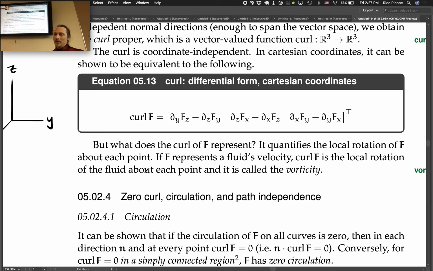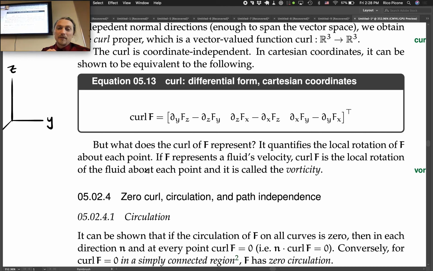Well, for the curl, it's the local rotation as it shrinks to that point. So if you imagine a fluid that's going along and you have an element that shrinks down to nothing, you can think of the swirliness of the fluid. We had a bird hit the window. The swirliness of the fluid near that point as it shrinks down.